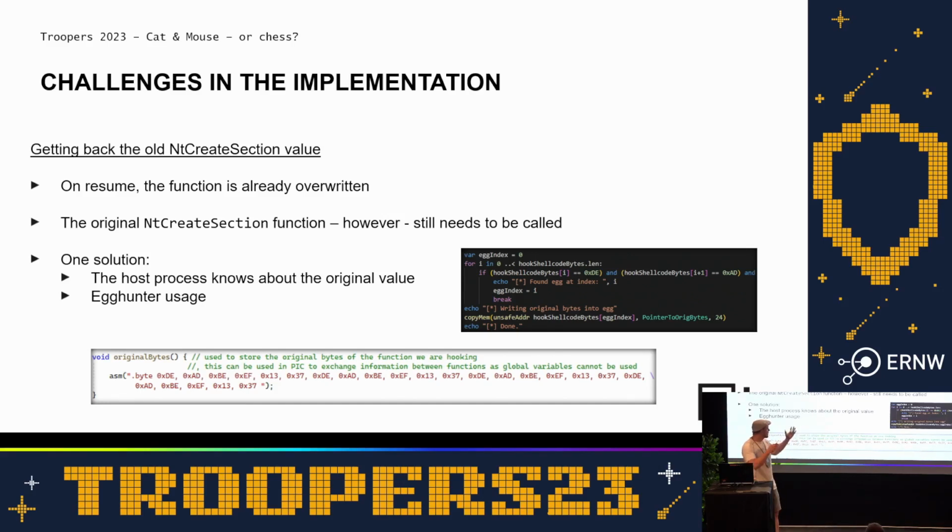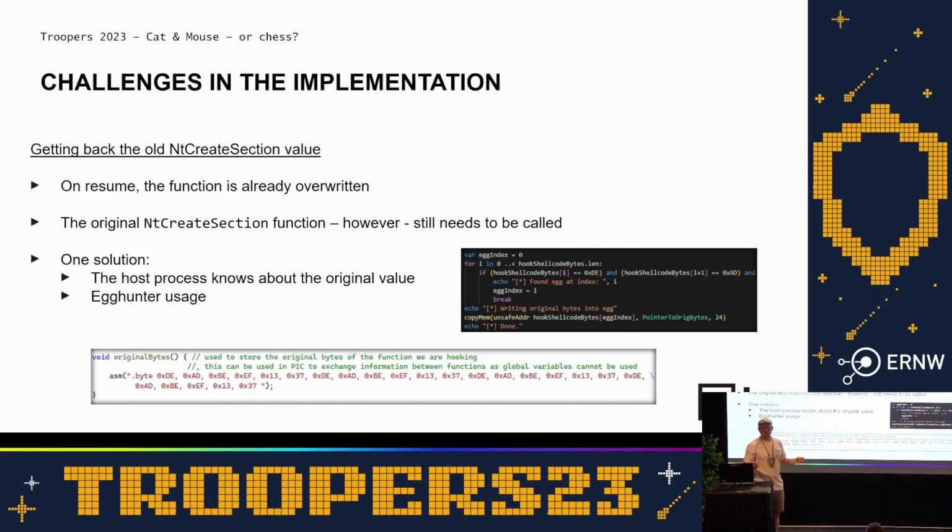So we get back the original value of NT_create_section from the host process. Then we overwrite the egg in our shellcode with the original value, and then our shellcode can, at runtime, restore NT_create_section again because the value is stored in our byte array, and it can call it. So this was one solution.